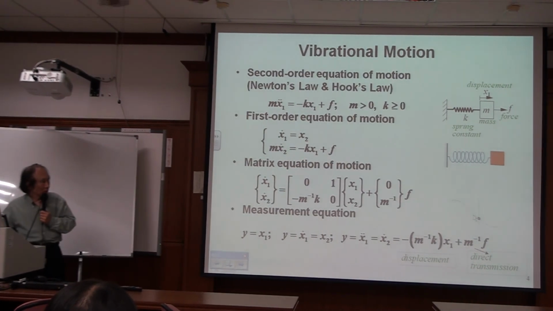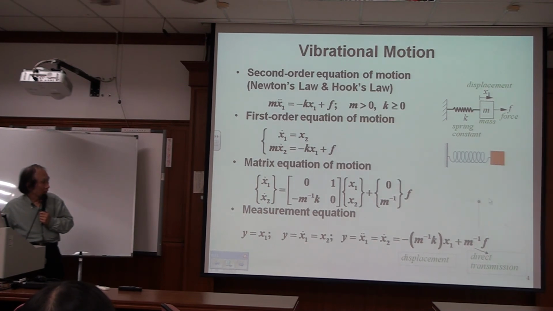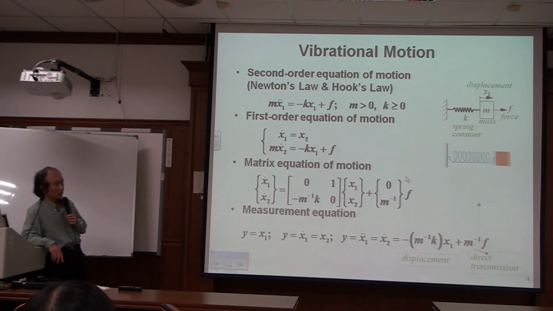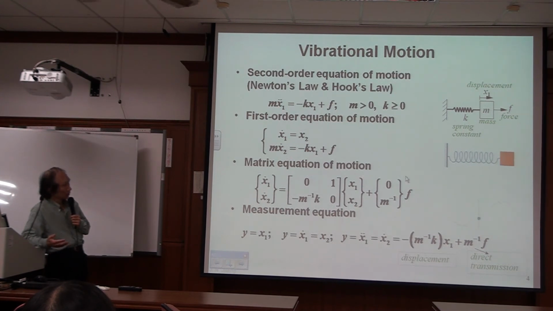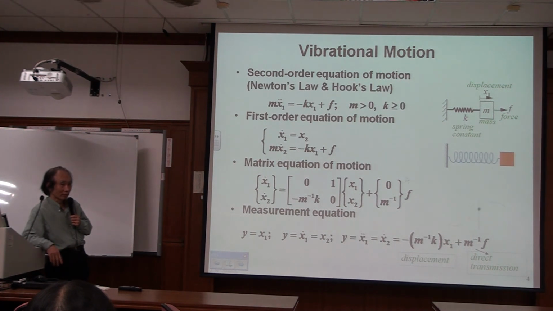So this motion is represented by these matrix equations of motion. All right, now, I don't want a system that will vibrate for good. That's not good for me. If your earthquake vibrates for good, then you are in big trouble. When an earthquake comes in, you want the earthquake gone quicker.